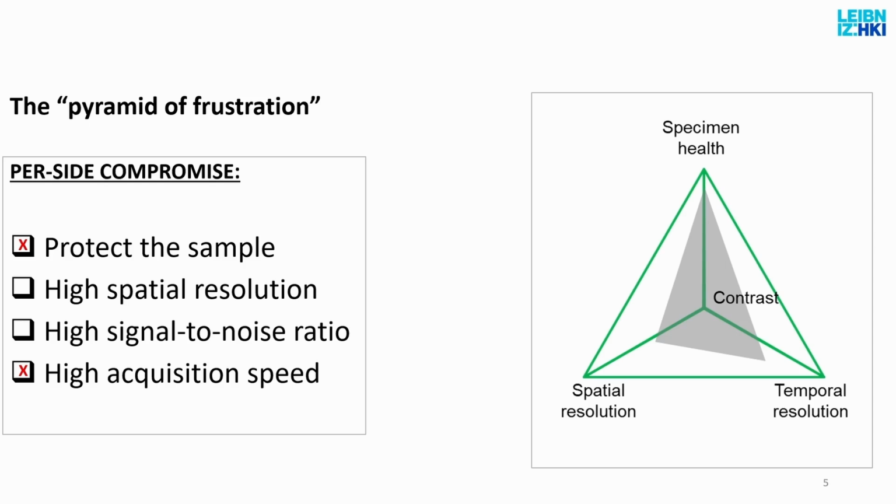In this pyramid, where the four corners represent these four concerns, you have to choose an area where your temporal resolution is high, so you are close to this corner, and your specimen health is taken into account, so you are close to this corner, but you don't care about the other two corners, the spatial resolution and the contrast. Again, for example, I'm tracking nuclei. I need to get the data quickly, but I'm not tracking active filaments.